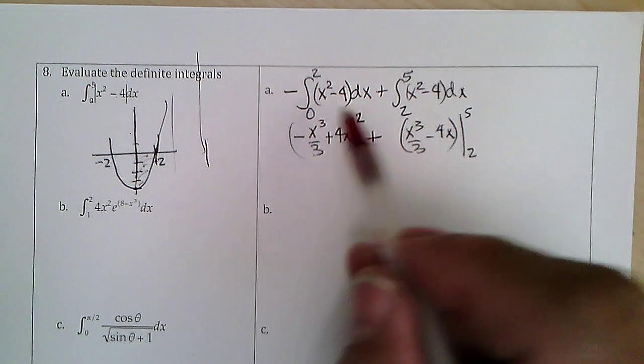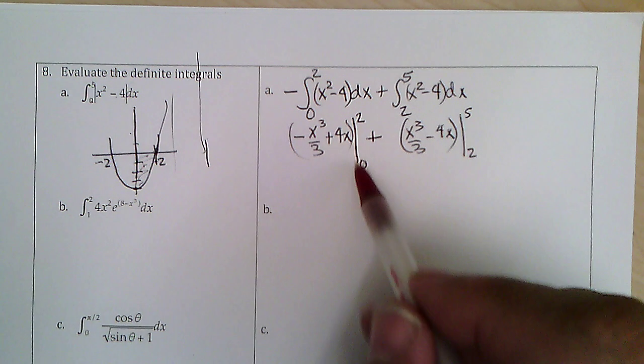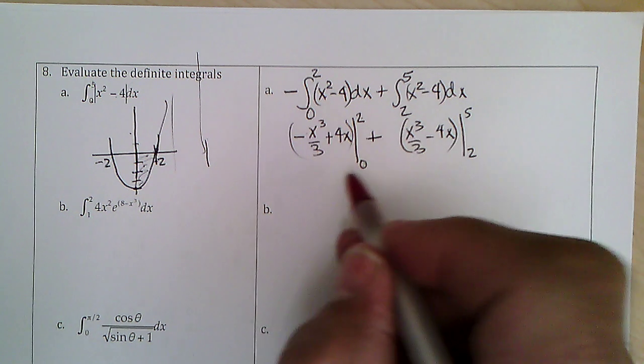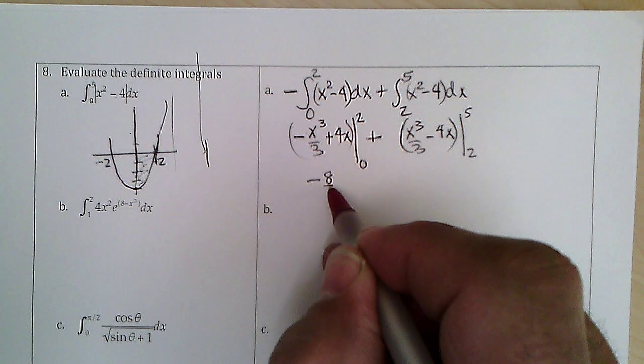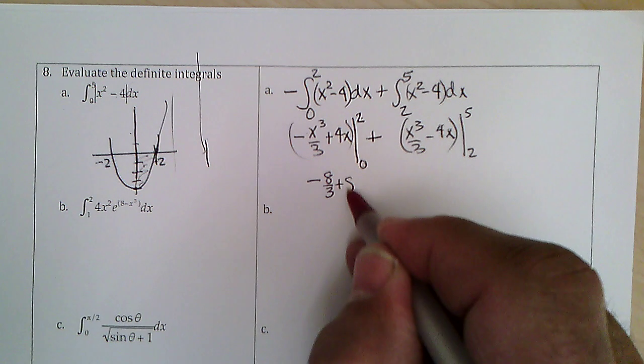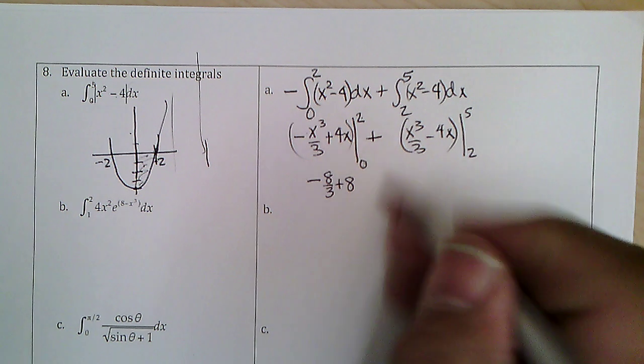So if we put in 2 first, that's 8 over 3 minus 8, with the negative making it minus 8 over 3 plus 8. Then we put in the 0 and we would get 0.